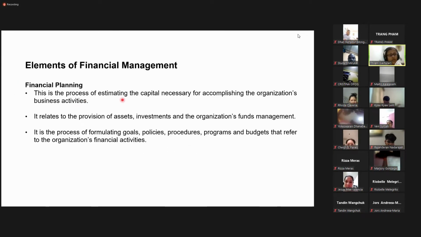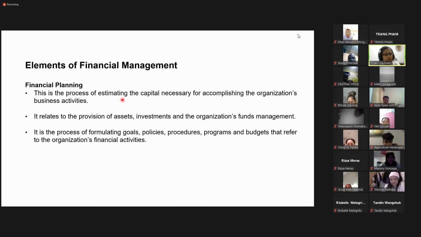So it's also known as a process of identifying the capital required in order to achieve or accomplish the business activities of the organization. In terms of assets, it can even relate to the assets or investments, and also organizing the funds of the management.